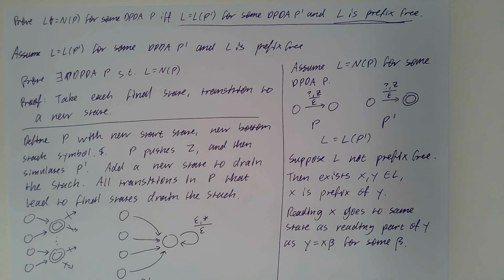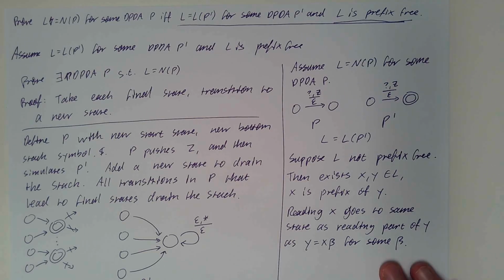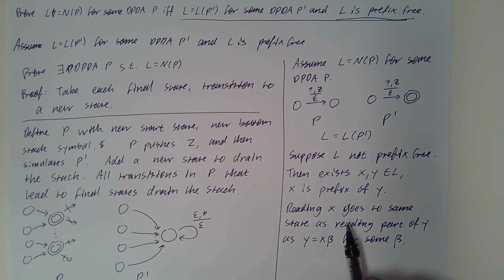Now the problem with that is, by the definition of PDAs, you always have to pop a symbol off the stack and then do something else. So when we read x, the stack has to be empty because x is in the language. And because the stack is empty, that means the DPDA can't possibly do any other transitions.